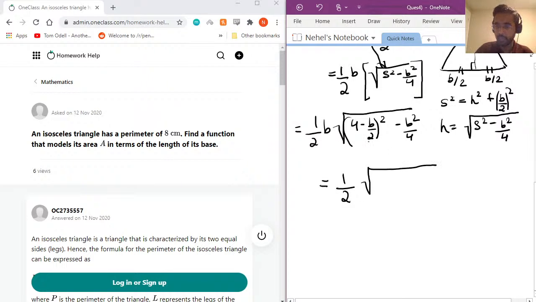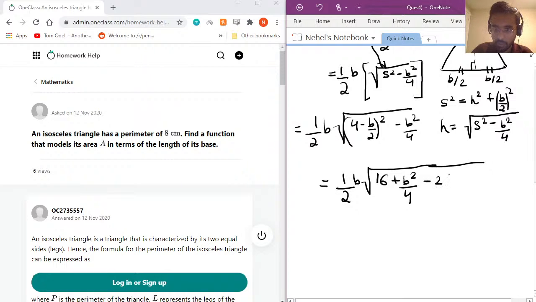We know that a minus b whole squared is nothing but a squared plus b squared minus 2ab. So that would make this 16. I forgot a b here. 16 plus b squared over 4 minus 2ab. So the 2's cancel out, so let me just write it down so we can visualize it.